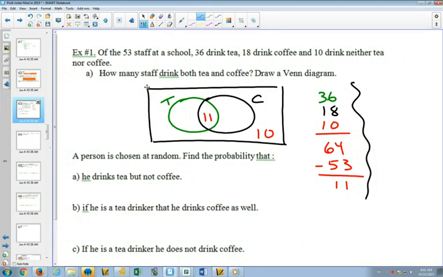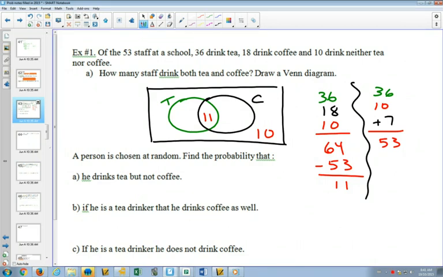Okay. Strategy number two. You know there's 53 people in total. The entire tea circle is 36. We know that there's 10 that drink neither. It needs to add up to 53. Right now I'm at 46. I would need to add 7 more to get to 53.